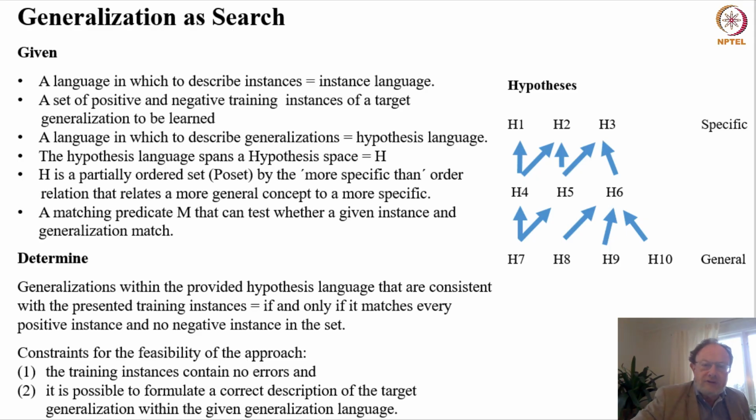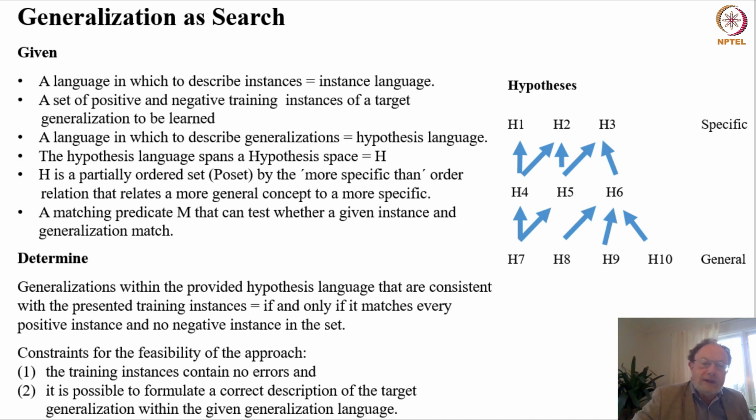And this hypothesis language spans what we call our hypothesis space. The hypothesis space, as we're going to construct it, is a poset, a partially ordered set, organized by a more-specific-than relation that relates more general concepts to more specific ones.